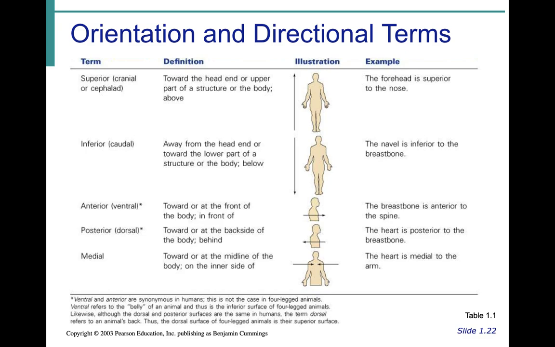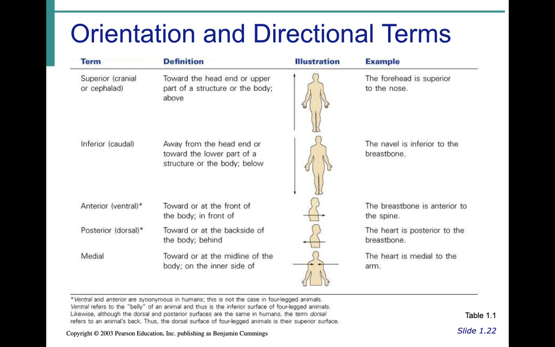Anterior versus posterior, I will also use the terms ventral and dorsal. Ventral or anterior is always towards the front of the body. Posterior or dorsal is always the back side of the body or the behind. So anterior is usually considered to be like the belly region of the body. The posterior is considered to be the back of the body.